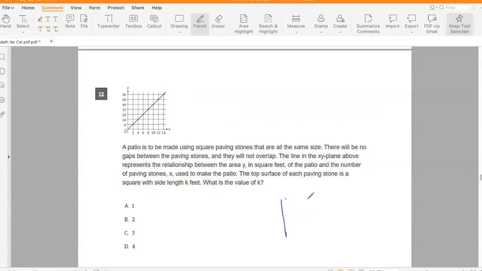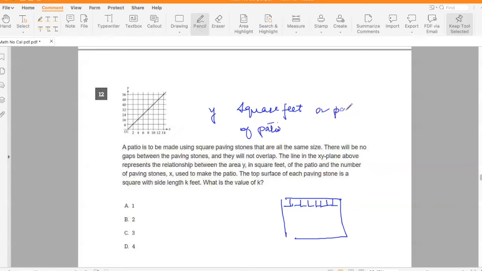So if this is my patio and these are the stones, right? And if for Y square feet of the patio, I need X paving stones, and if the side length of each paving stone is K, then the area of one paving stone is K square.